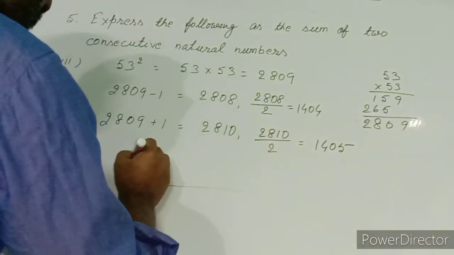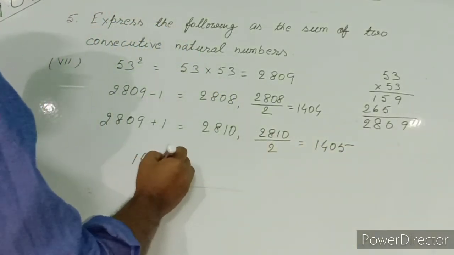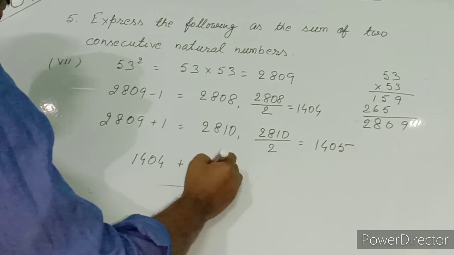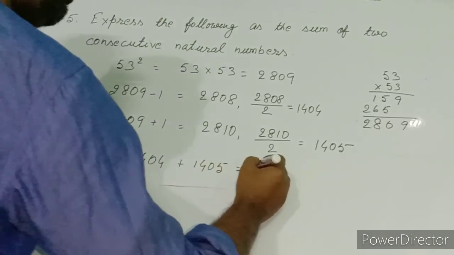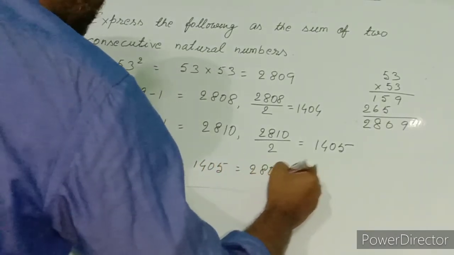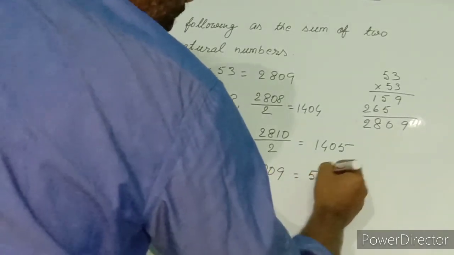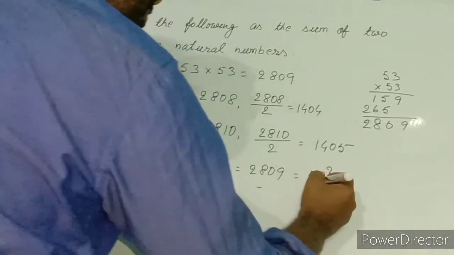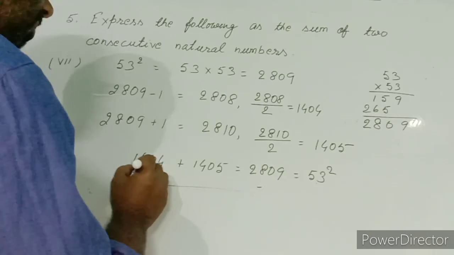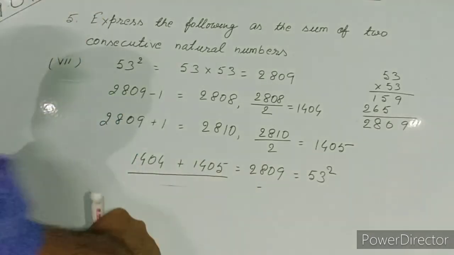So we write now 1404 plus 1405 equal to 2809, equal to 53 square. So 53 square is the sum of these two consecutive natural numbers.